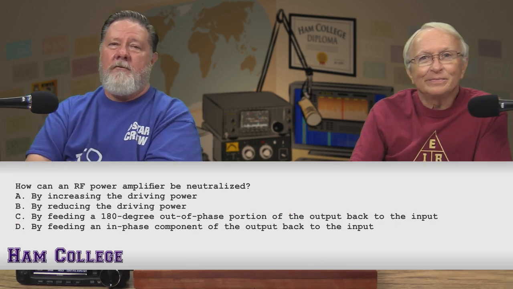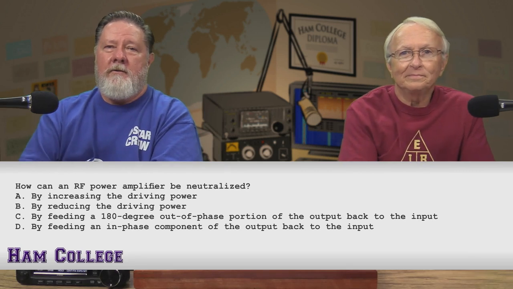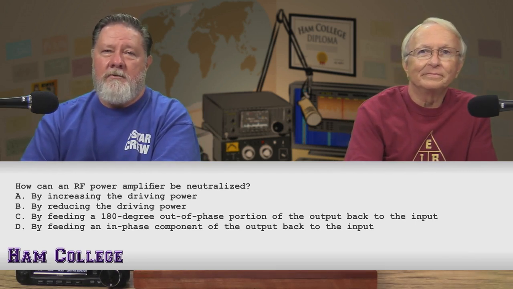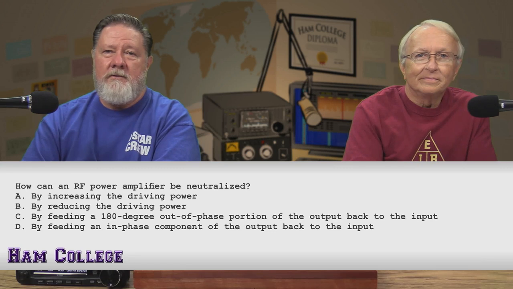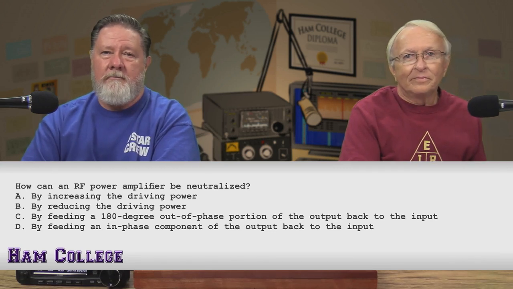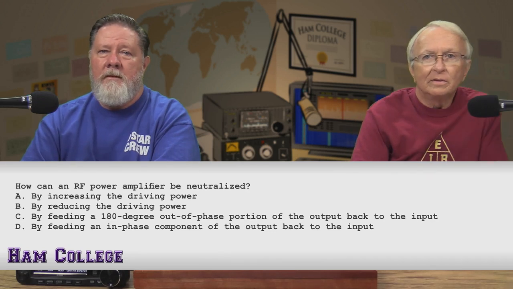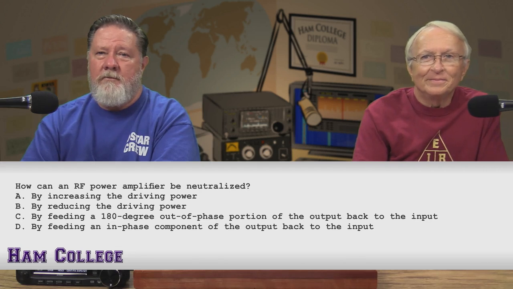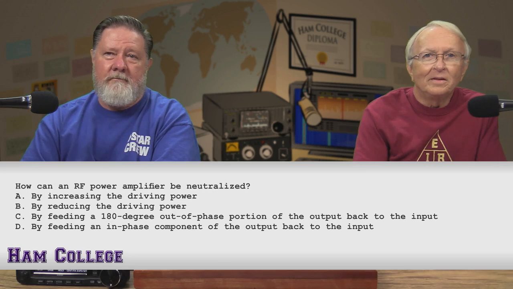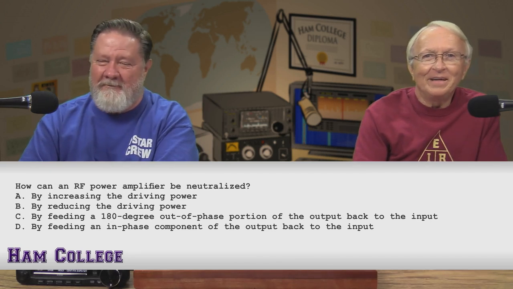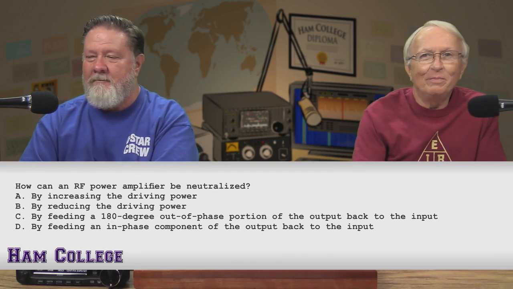Okay, here's one for you. How can an RF amplifier be neutralized? A, by increasing the driving power. B, by reducing the driving power. C, by feeding a 180-degree out-of-phase portion of the output back to the input. D, by feeding an in-phase component of the output back to the input.